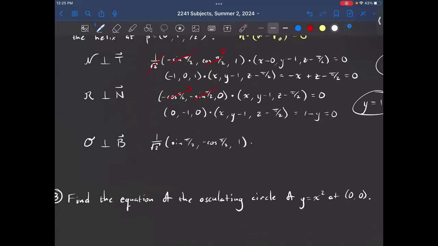And dot x, y minus 1, z minus pi over 2, just like before. And these, as usual, 1, 0. And we can ignore that 1 over root 2 by multiplying it over. So we have 1, 0, 1, dot, all this stuff.